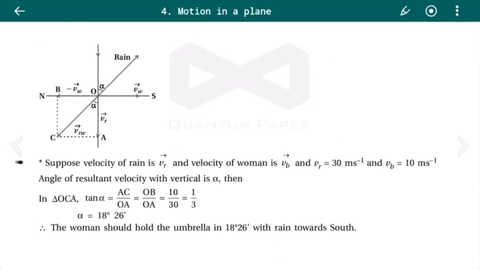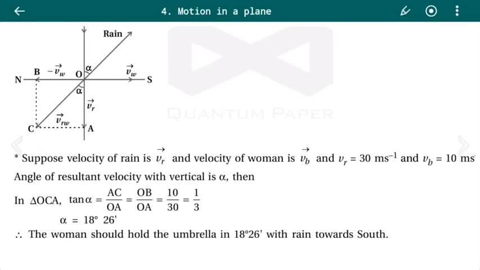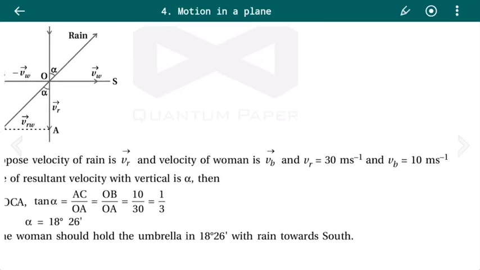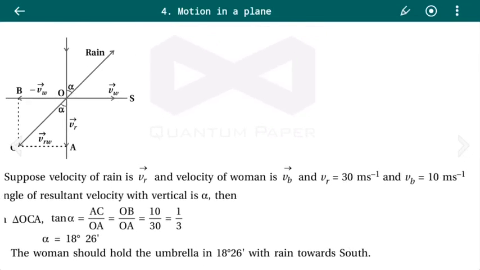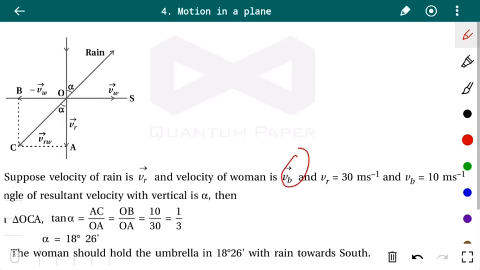Suppose velocity of the rain is VR vector and velocity of woman is VW vector, where VR is equal to 30 meters per second and VW is equal to 10 meters per second.